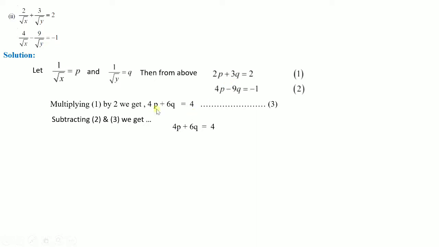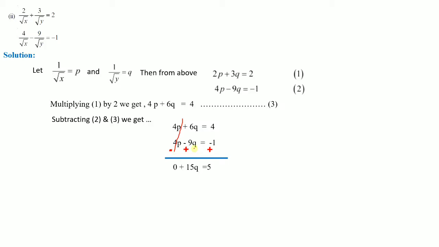First I am writing equation number 3, 4p plus 6q equals 4, and then equation number 2, 4p minus 9q equals minus 1. Now subtracting, the sign will be changed. So here we have minus, here will be plus, and here also plus. Then this 4p and 4p will cancel.